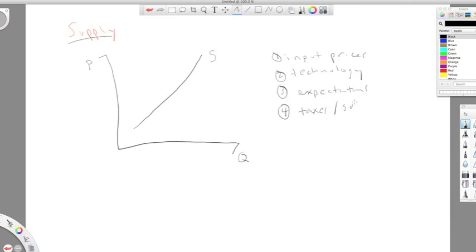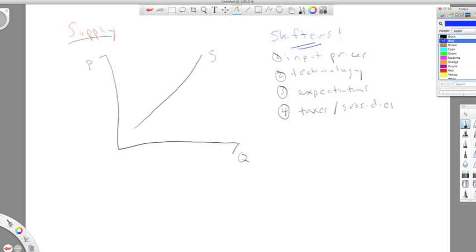So changes in these other variables can influence and change and shift the supply curve, right? So these are the supply shifters that we might see.